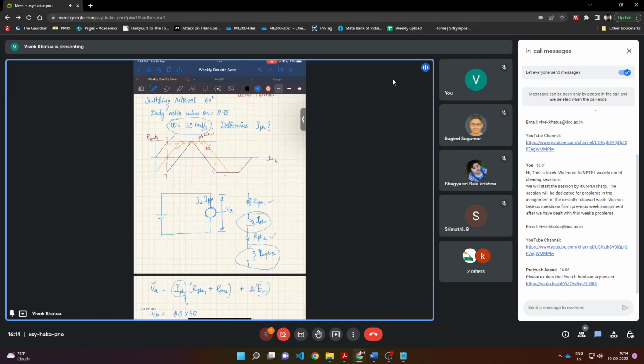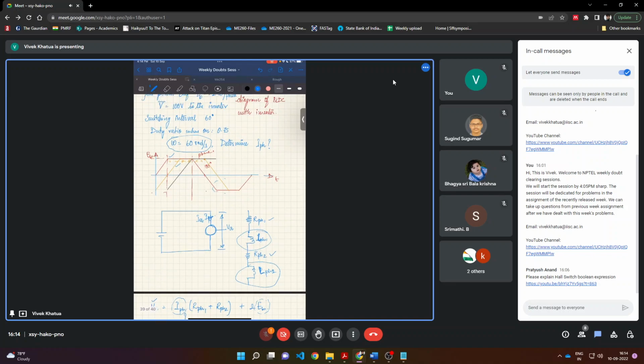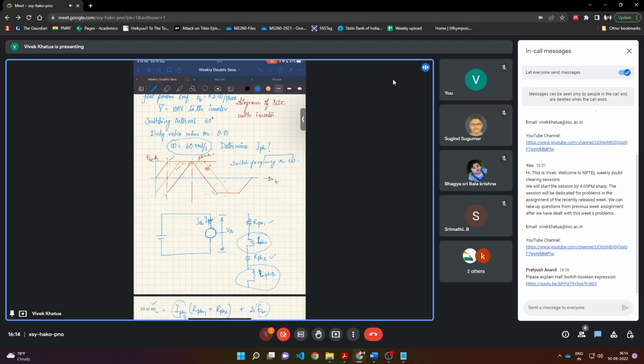Since it is a synchronous motor, what synchronous means is that the switching frequency is proportional to omega. So this is synchronous. In an asynchronous one, it will still be proportional to omega, but there will be some delay. So that is how you can think of it.